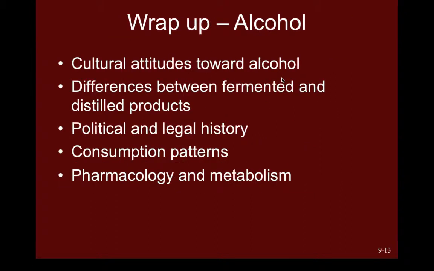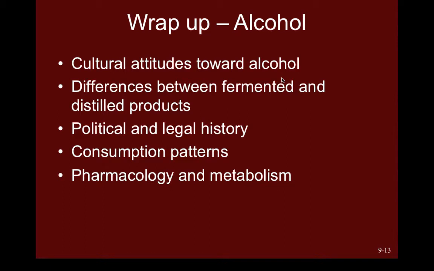So wrapping up our discussion of alcohol, we started by talking about cultural attitudes. We've got celebrity sponsors for brands of alcohol, and then we've got celebrity sponsors for sobriety. So definitely some dichotomies in the United States in the way that we approach this. We talked about the differences between fermented and distilled products and how that can affect the level of alcoholic content or proof. We talked about the political and legal history of alcohol and alcohol consumption here in the United States, some current consumption patterns and how they've changed over the past several decades.